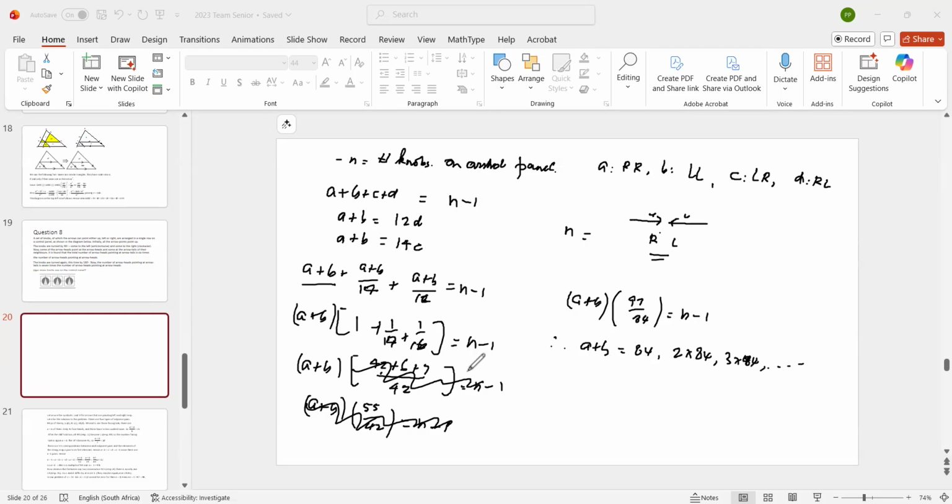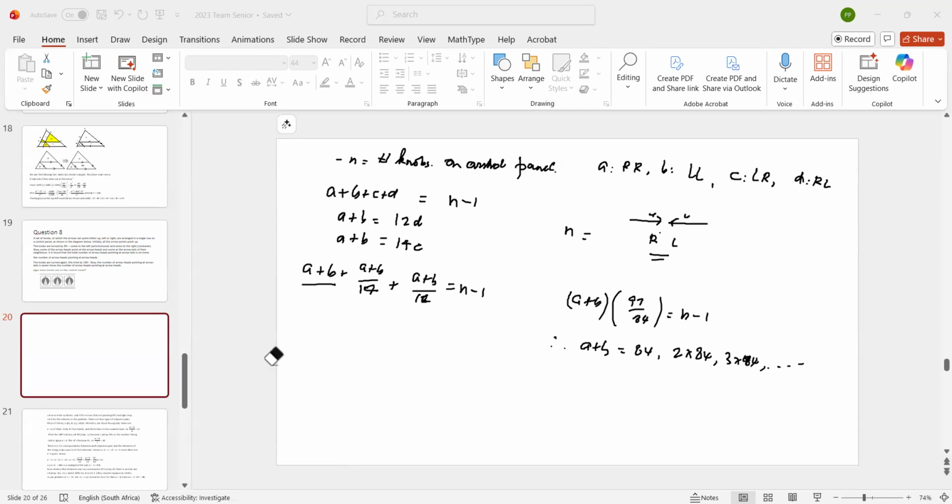So let's write that down like that, and we say a plus b is equal to 84 times, say, k, where k is an integer, a positive integer. Can't be 0 because a plus b can't be 0.